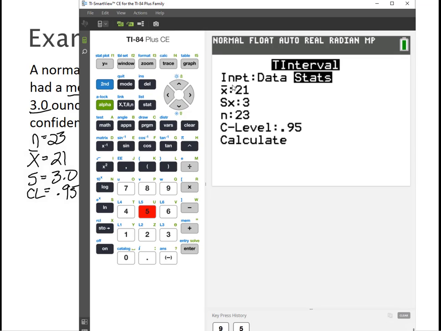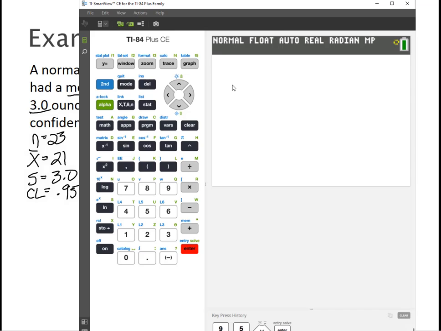Okay, notice here that my sample size was not greater than 30. Just a quick note, my sample size was only 23, but I was told that this has a normal distribution already. So that saved me. If this problem didn't tell me that it was normally distributed, I maybe would have to abandon ship. Put those lobsters back in the ocean.